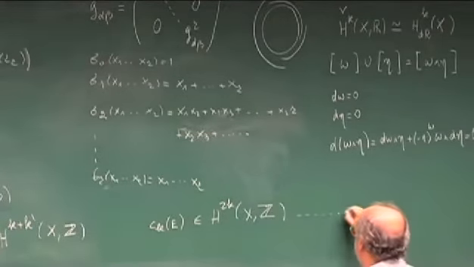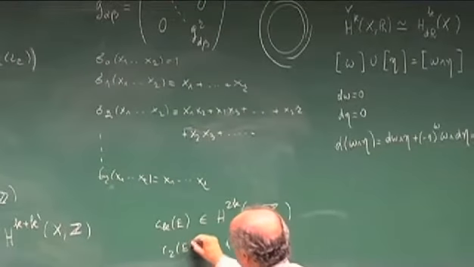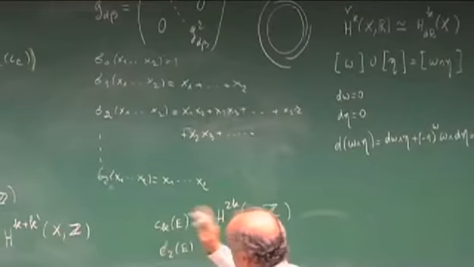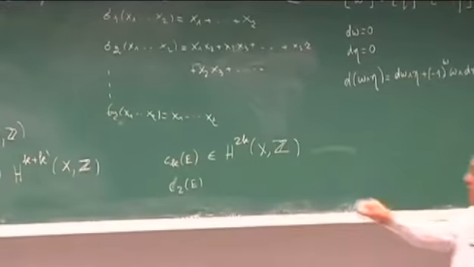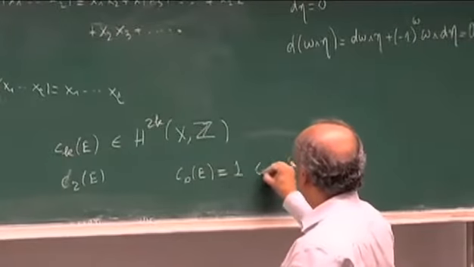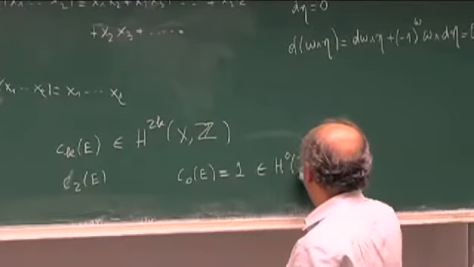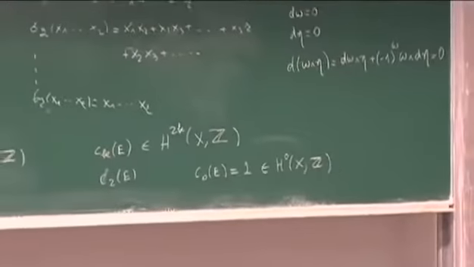So we have this all the way to c_r. And then one usually says that the higher Chern classes are just 0. And c_0 is just defined as 1, regarded as an element in H0 of Z.